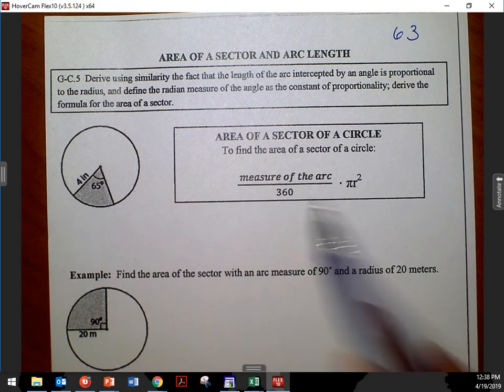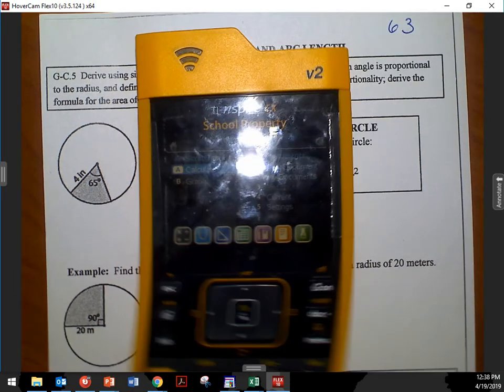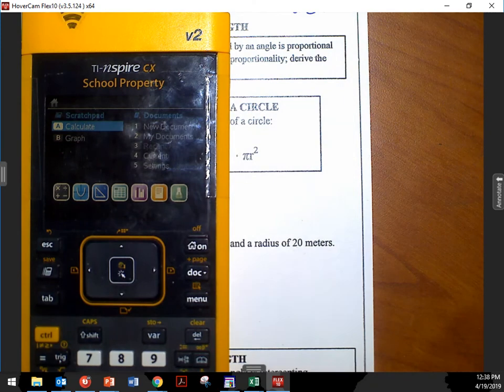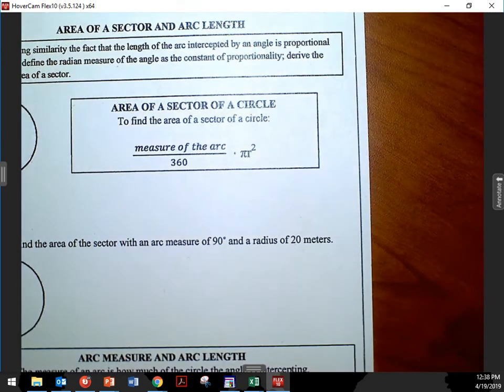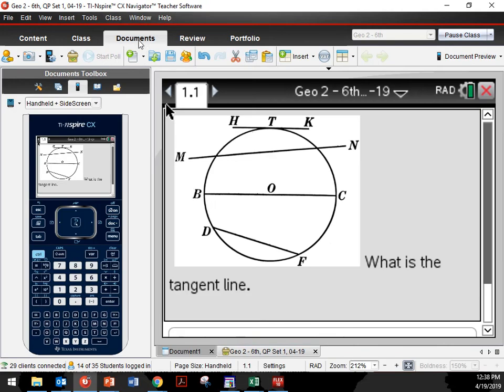So, I need you guys to take your calculator, and I'm going to go through it with you right now. We're going to change the calculator to degrees. Some of you might already be in degree. Let me use this one so everyone could see it a little bit better. So I'm going to go to my scratch pad here.